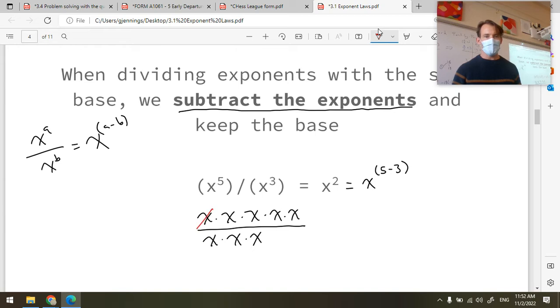So exciting. X divided by x is just 1. X divided by x is just 1. X divided by x is just 1. So this is the same thing as saying 1 times 1 times 1 times x times x. So we have x times x twice, it's x squared. We can see the subtraction happening through the cancellation that division provides us.